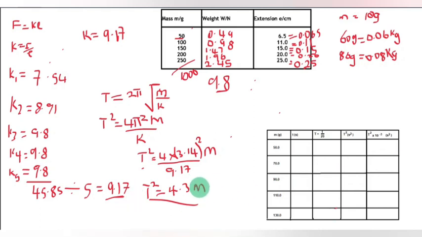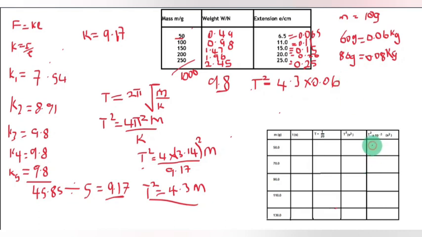So let's put the value of M here as 0.06 kilogram. So in the first part, T squared is going to be equal to 4.3 times 0.06, and that is going to be equal to 0.258.